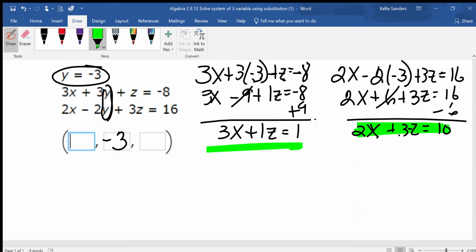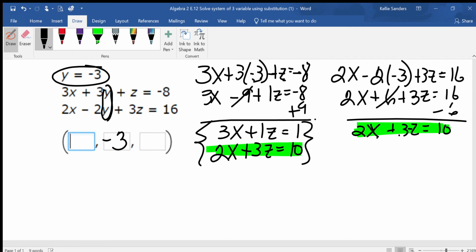Move this to here because I just want to stack them. Alright, do you want to get rid of the x's or do you want to get rid of the z's? I'm going to get rid of the z's because I can make the top z a negative 3 by multiplying by negative 3.